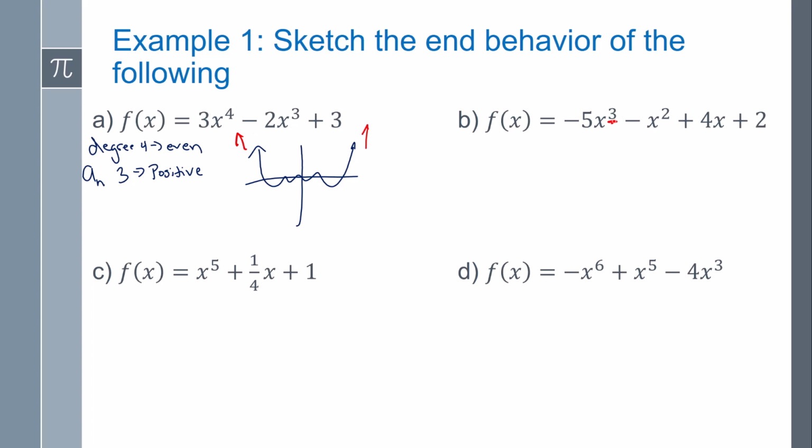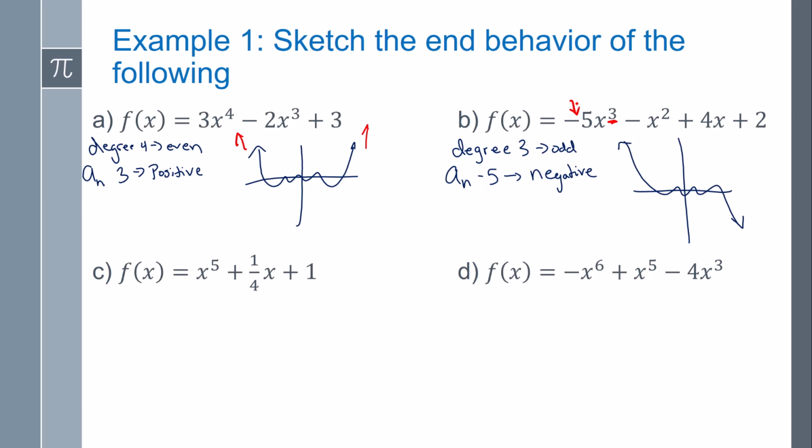My degree is 3. My leading coefficient is negative. So odd and negative, it's going to have that decreasing type of pattern here, where it's going up on this end and going down on that end. For C, it's 5 and odd, and my leading coefficient is 1, which is positive.